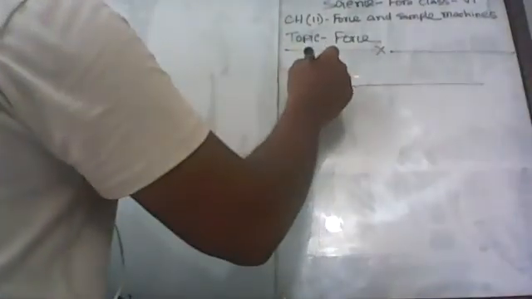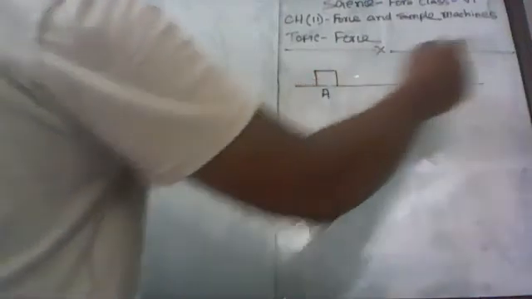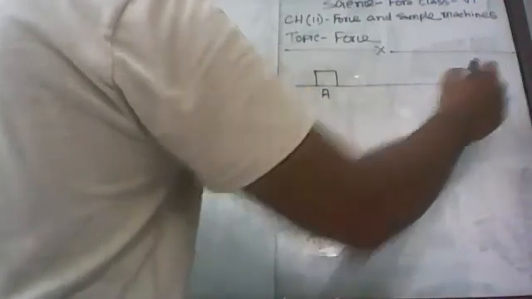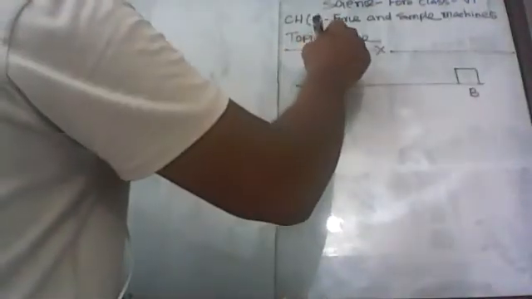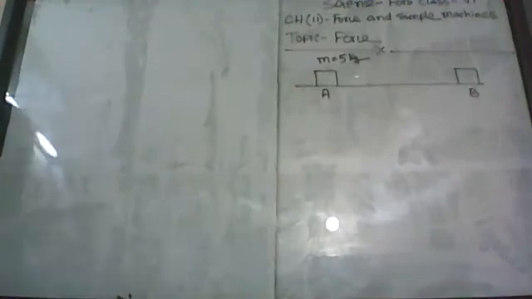Boys and girls, this is a body at a particular place A. This is another body at a particular place B. The mass of the body M equals 5 kg.